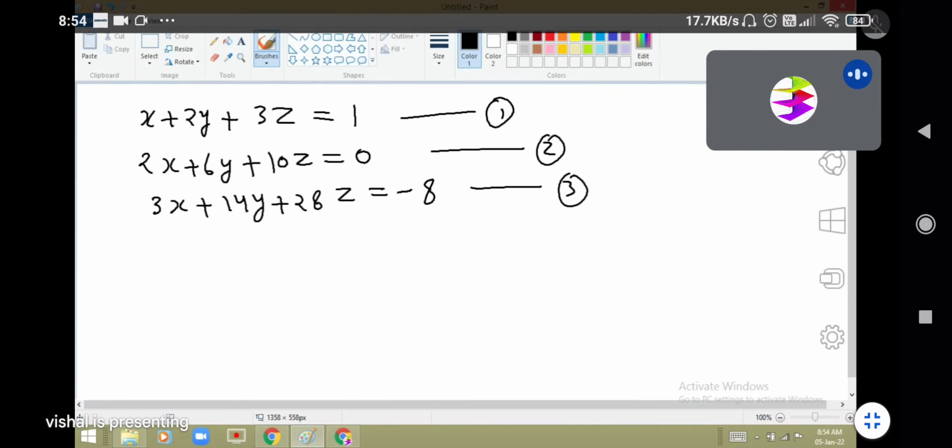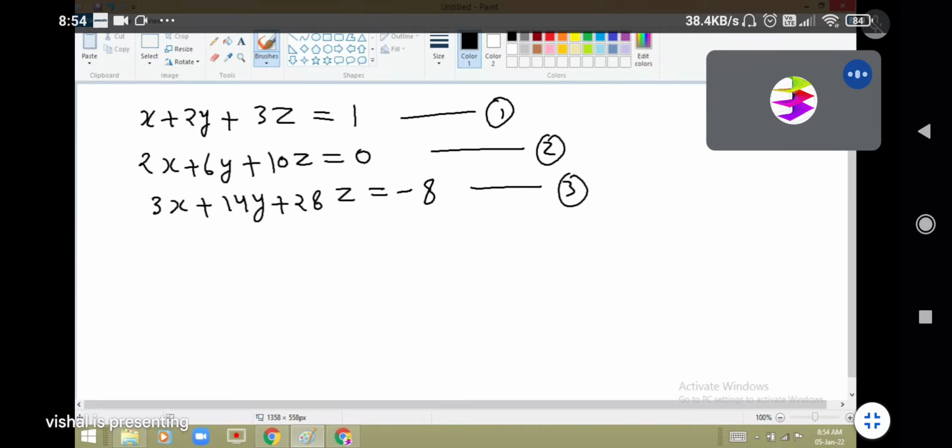What she said: from equation number 1 we will find out the value of x in terms of y and z. After that, that value of x we will put in equation number 2. Then from equation number 2 we will find out the value of y in terms of z only.